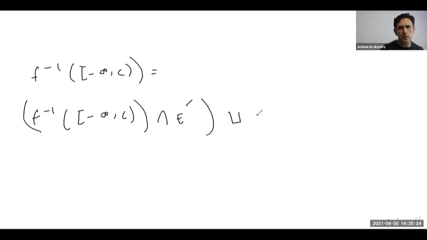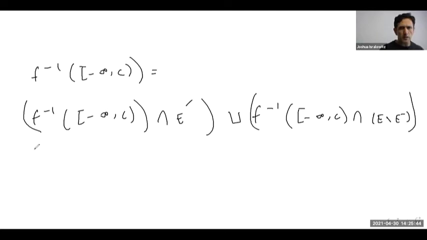Well, let's write this as a disjoint union: we're either on E prime or we're not on E prime. So it's the inverse image intersect E, take away E prime.